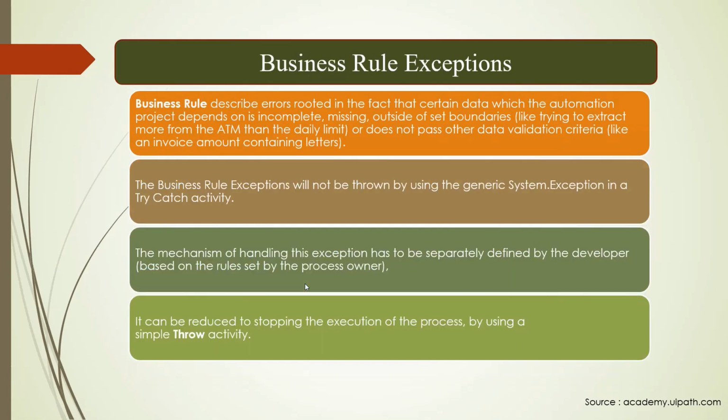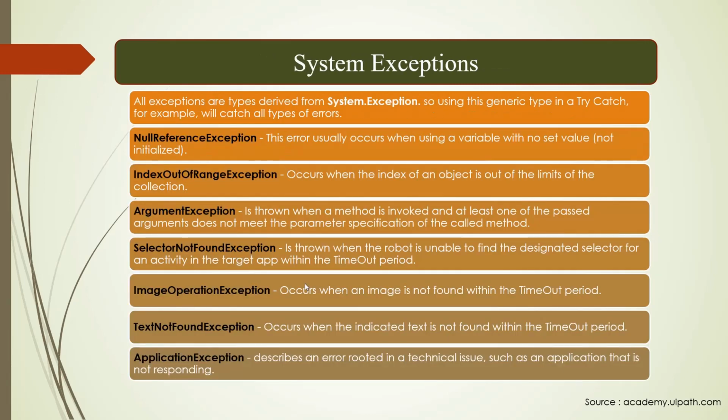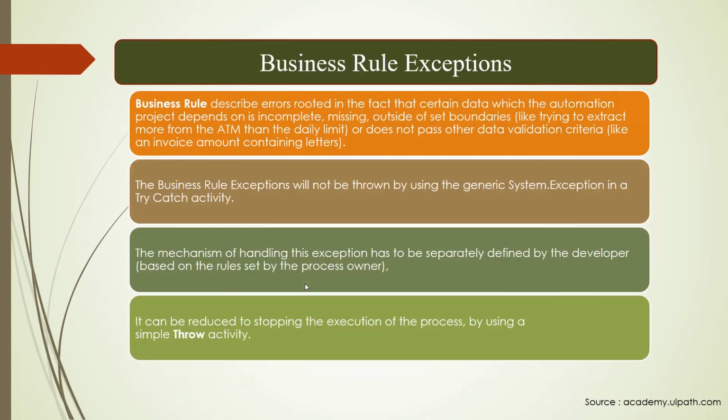Proceeding further, I have something called the business rule exception. Just now we saw the system exception, how it is generated and thrown. There is another kind of exception which we call the business rule exception. As the name suggests, it applies whenever there is incomplete or missing data.